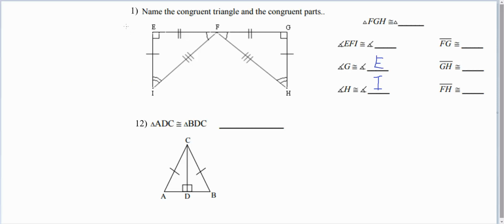Now, EFI, the F is in the middle, so that means F is the vertex, which has 1 arc mark. So the other one that has the 1 arc mark still is at F, and that should be GFH.